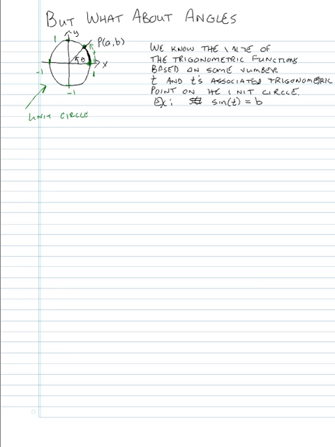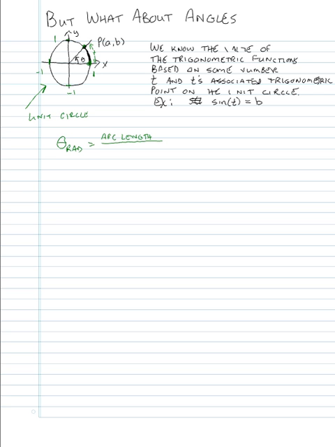Here is the deal. Remember that if we measure an angle theta in radians, then the way that angle is measured is that we look at the arc length. See, we've got an angle. We're going backwards this time.